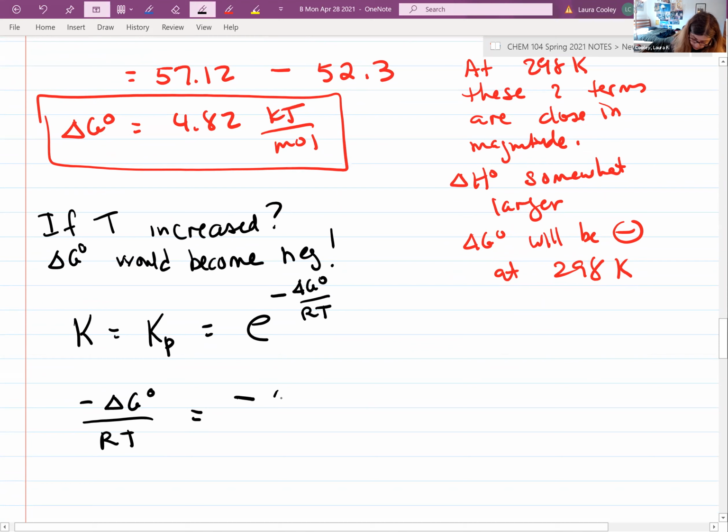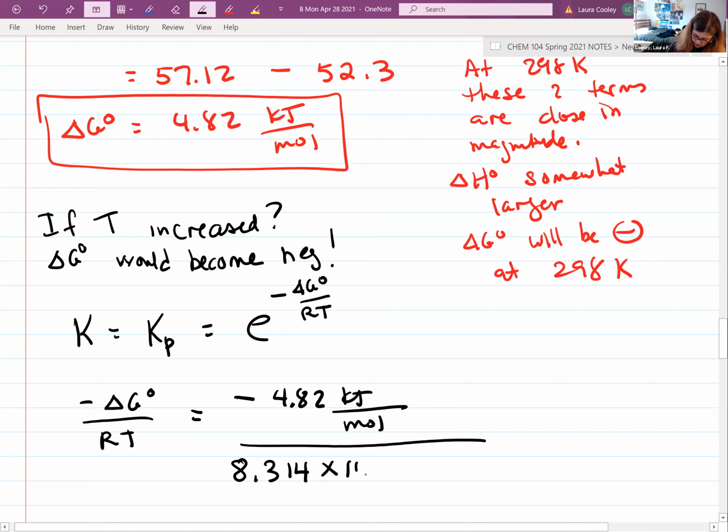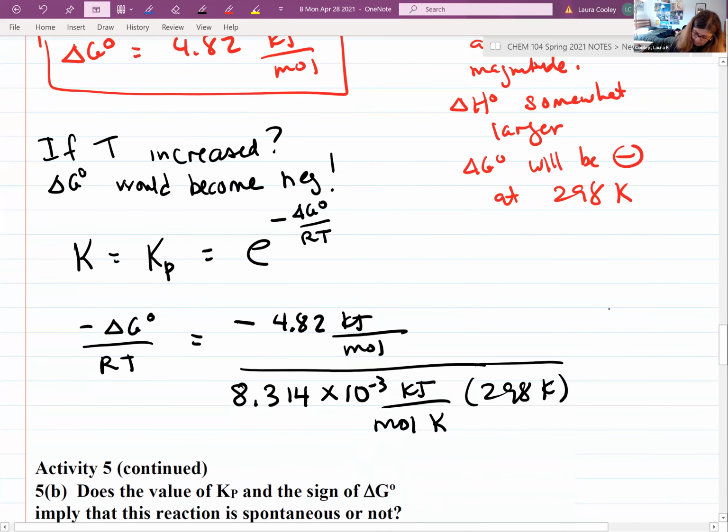Negative 4.82 kilojoules per mole divided by 8.314 times 10 to the negative 3 kilojoules per mole Kelvin times 298 Kelvin. And so this comes out to negative 1.95.